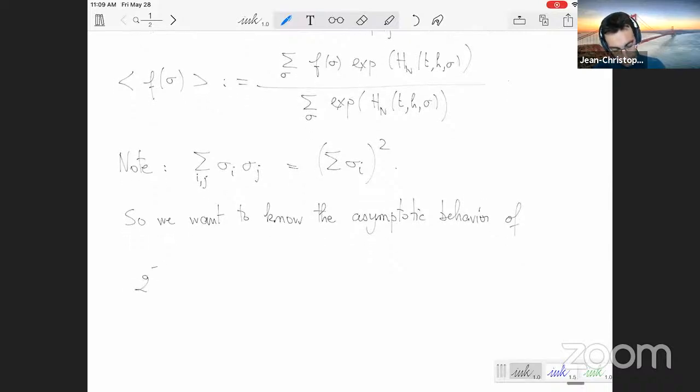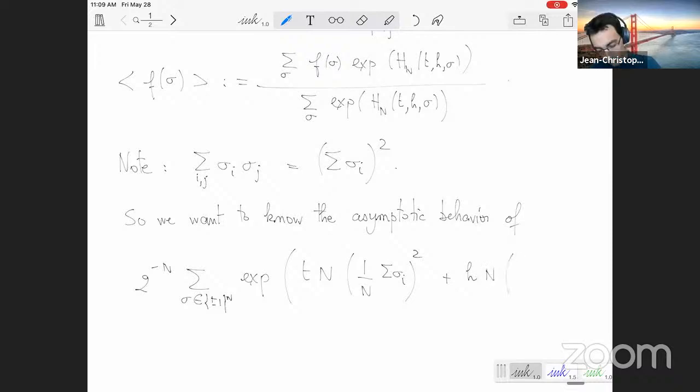So 2 to the minus n, sum over sigma of exponential of T n times (1 over n sum of sigma i) squared, plus h n times 1 over n sum of sigma i.